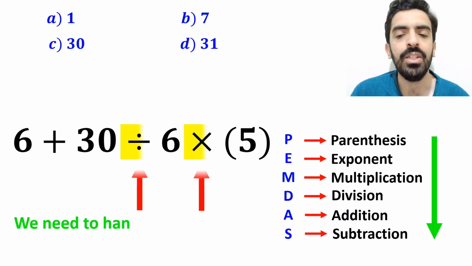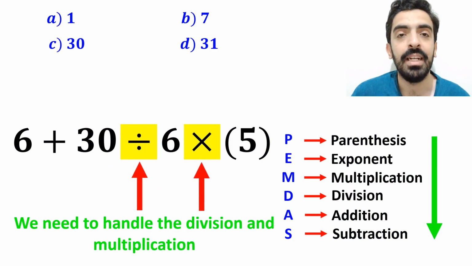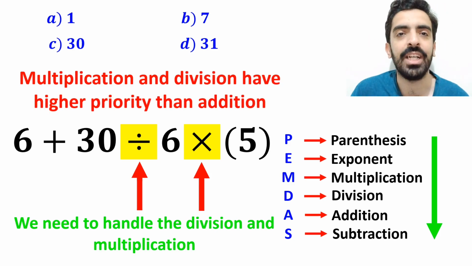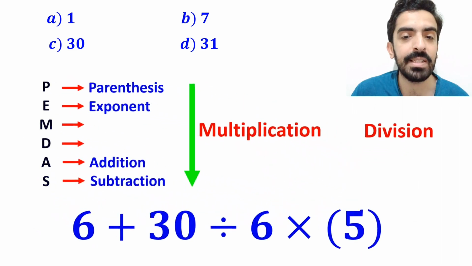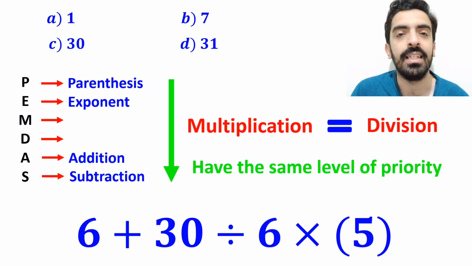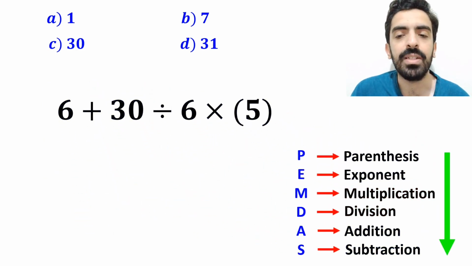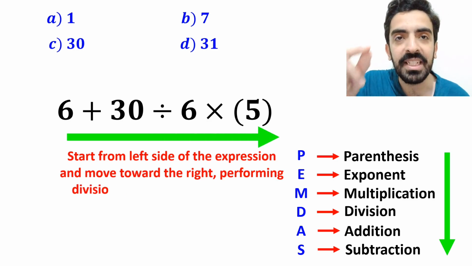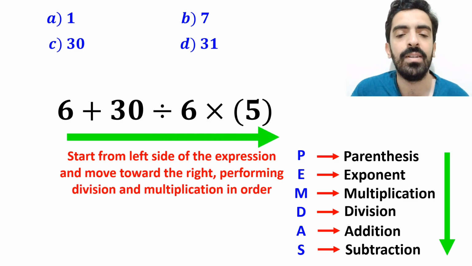The next step, we need to handle the division and multiplication, because multiplication and division have a higher priority than addition. However, it's very important to note that in the PEMDAS rule, multiplication and division have the same level of priority. In this case, the best thing to do is to start from the left of the expression and move toward the right, performing division and multiplication in order.